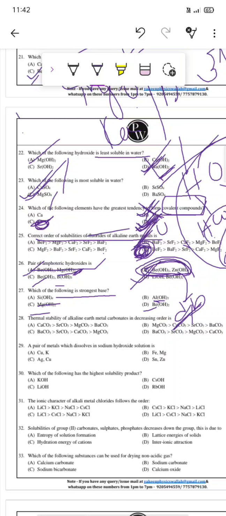So size. So C and D, which is stronger, D block or S block? S block is a stronger base than D block. Maybe I'm looking at my notes again.